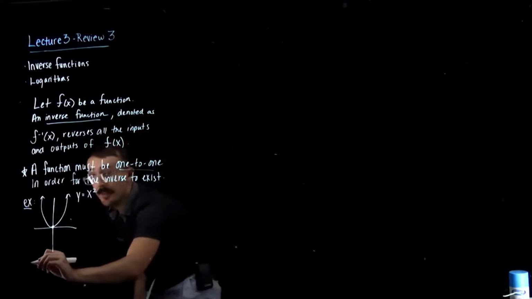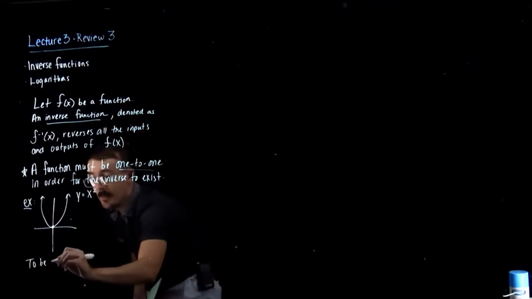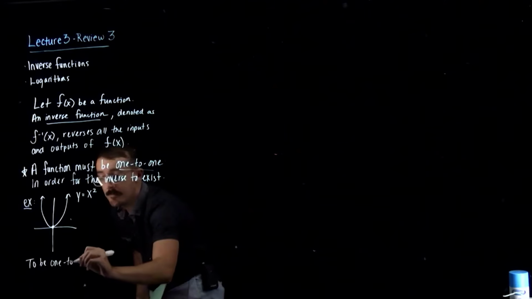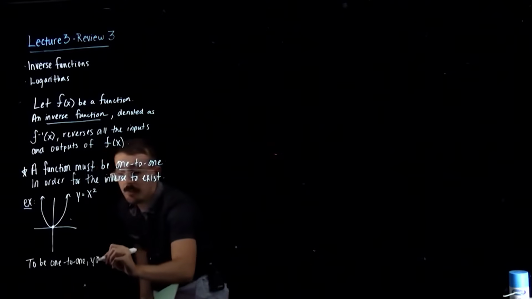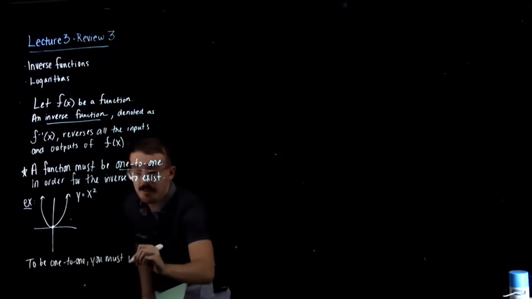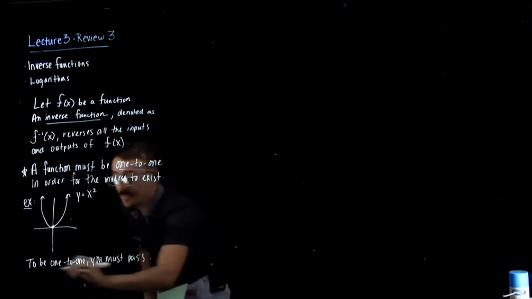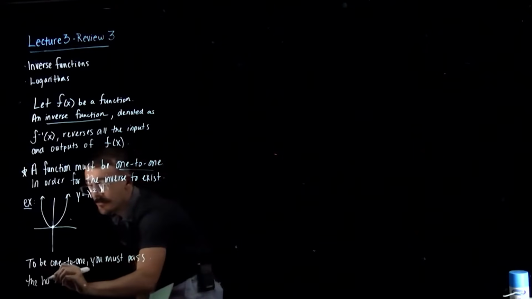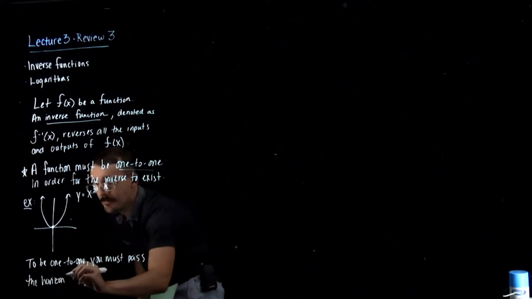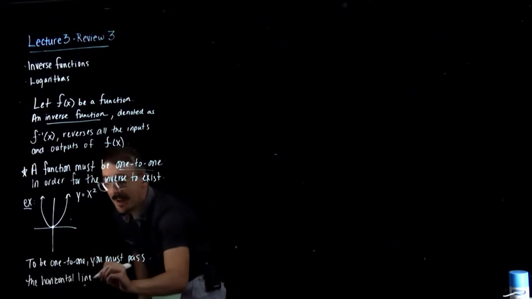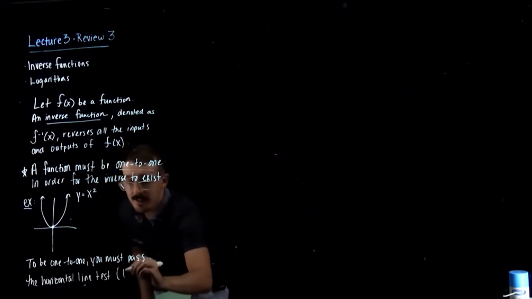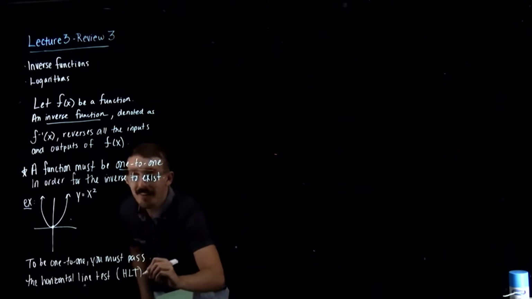To be one-to-one, you must pass the horizontal line test, and I'll abbreviate this HLT from now on.